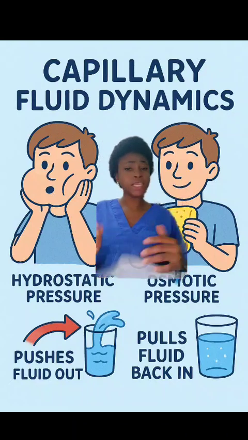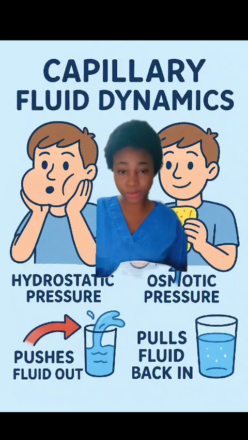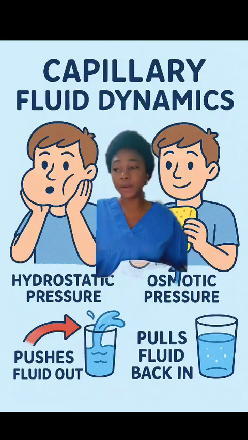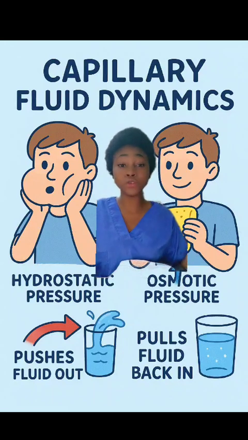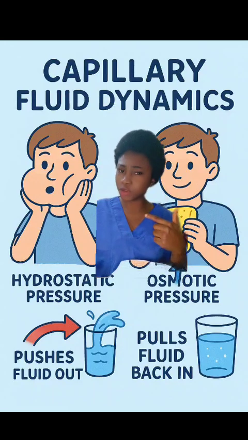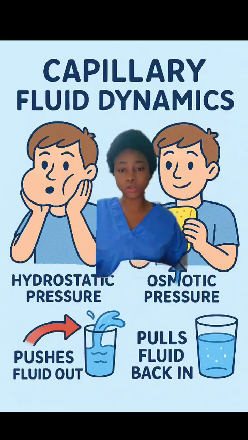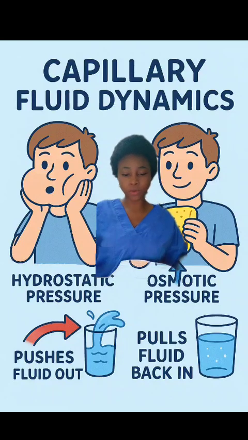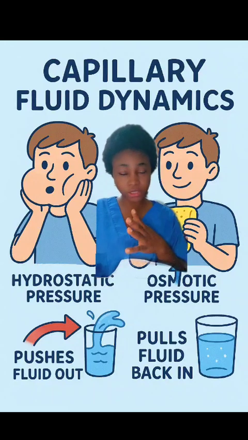But we all know that not every fluid is going to be reabsorbed. 24 liters of water is filtered into the tissue, but coming back, only 21 liters is reabsorbed, and the remaining goes into the lymphatic system for more filtration and drainage. So it is not all fluid that gets reabsorbed at the venous end of the capillary.